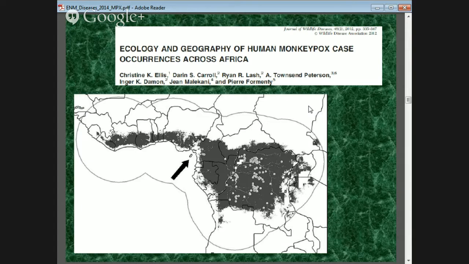Later, other groups of researchers have followed the progress of monkeypox during the last 30 or 40 years, and they have shown that there's a possibility that the number of monkeypox cases has been increasing during this time, and they have attributed that to the fact that smallpox vaccination is not going anymore.